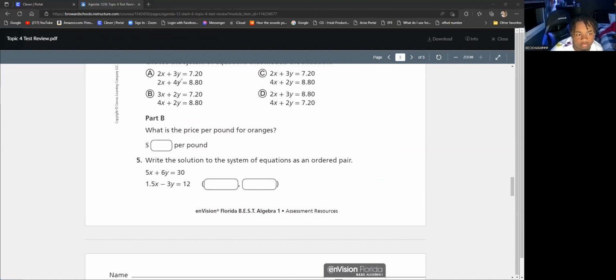Match up the coefficients and add or subtract. Okay, tell me before you write anything, tell me what you're going to do.